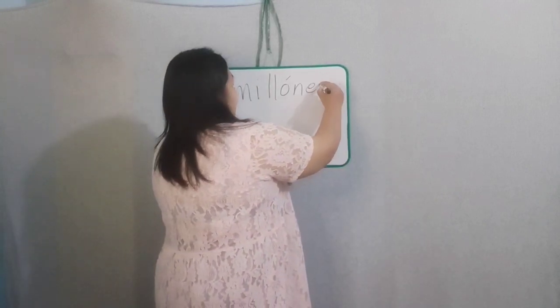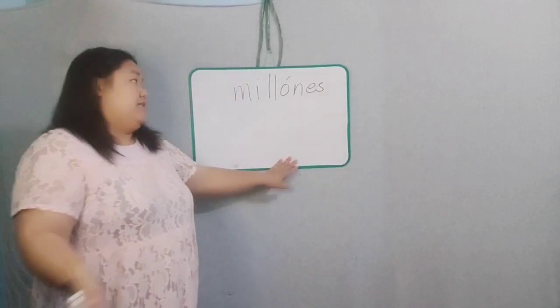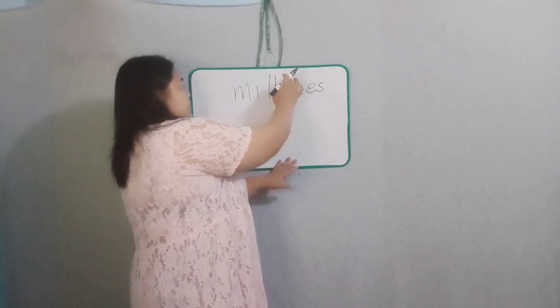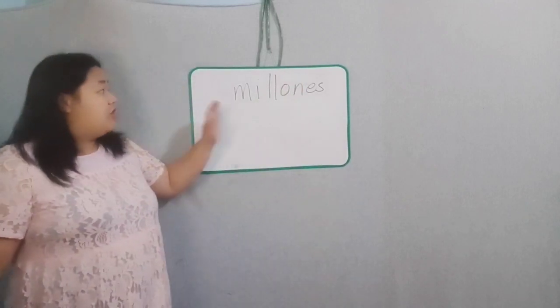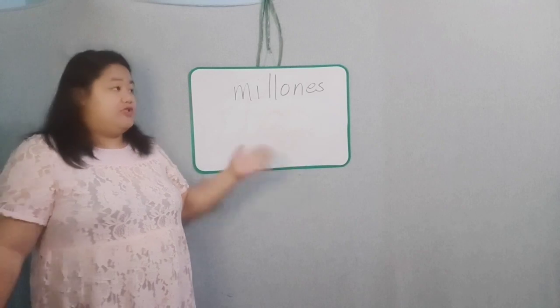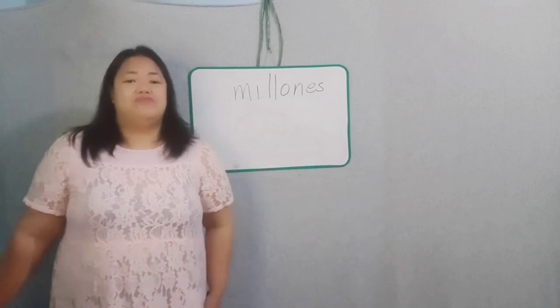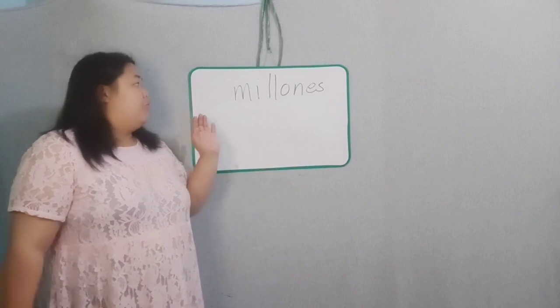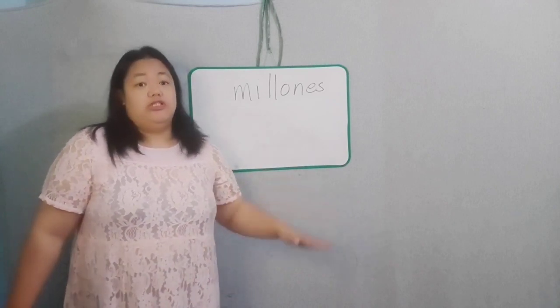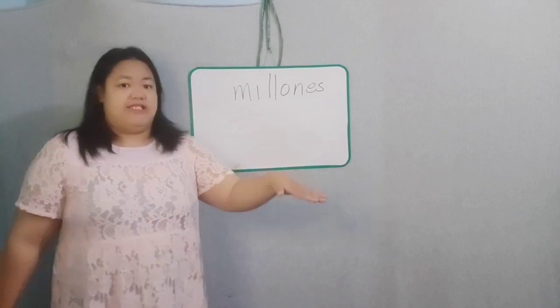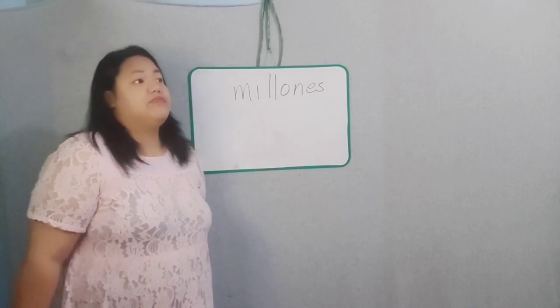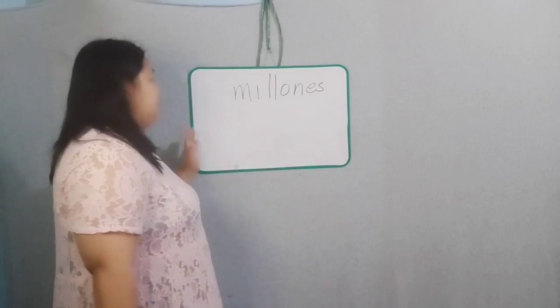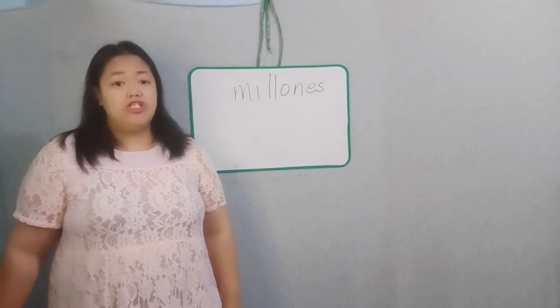So millones. And since it's a rule that when there are 3 syllables, the stress is always at the middle, you take off your stress and you say millones. So if it's 1 million, it's un millón. And if it's 2 millions, dos millones. Okay. So that's how you read numbers in Spanish.